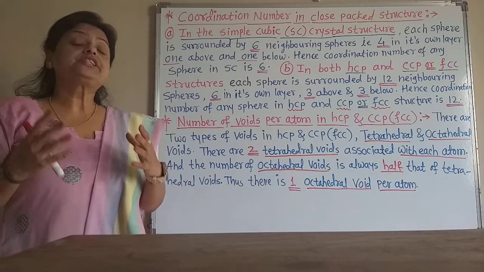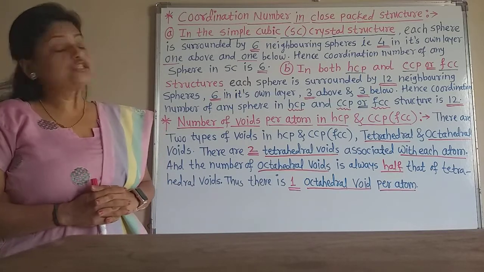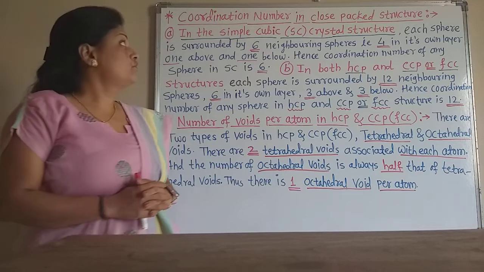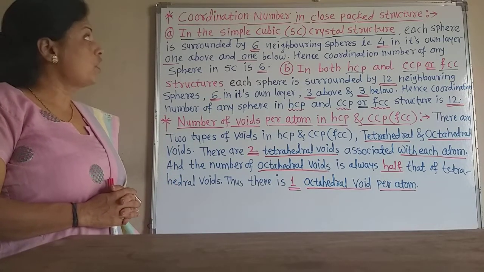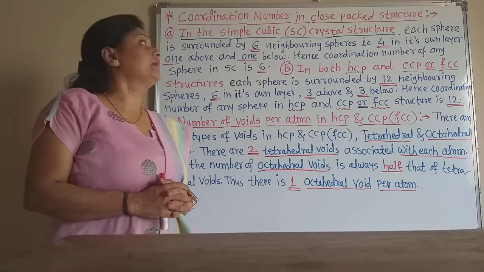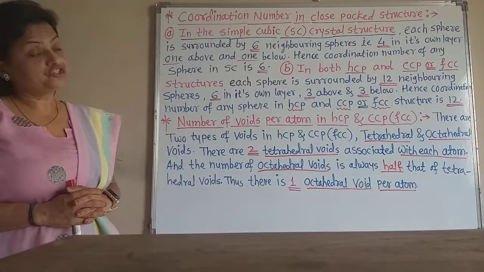These three are the close packed structures. So we have to learn here what is the coordination number in these close packed structures.